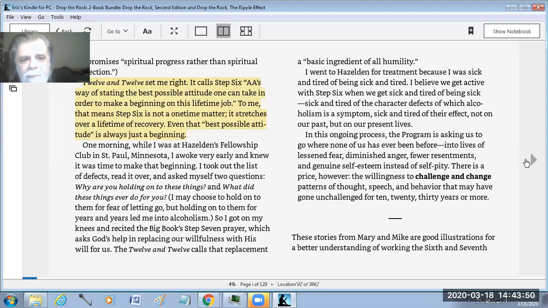This author believes that steps 6 and 7 and also step 10 are fundamental to the daily practice of an AA, becoming more in tune with the idea that it's about spiritual progress and not perfection.